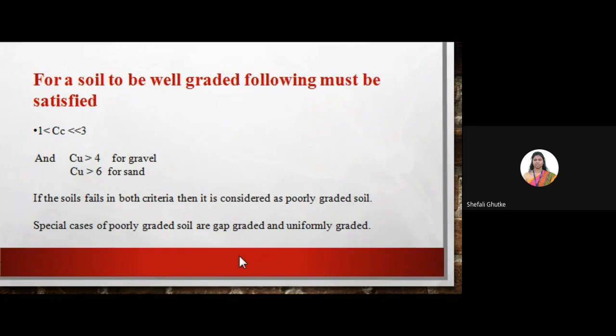The coefficient of curvature should be between 1 and 3, and the coefficient of uniformity should be greater than 4 for gravels and greater than 6 for sand. If the soil fails both criteria, then only it is considered poorly graded soil. The special cases of poorly graded soil are gap graded and uniformly graded.